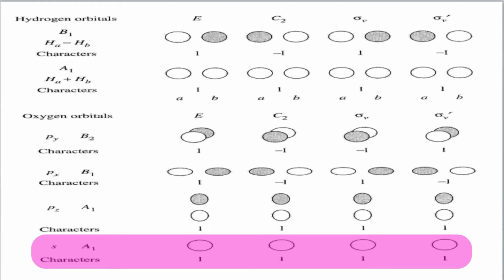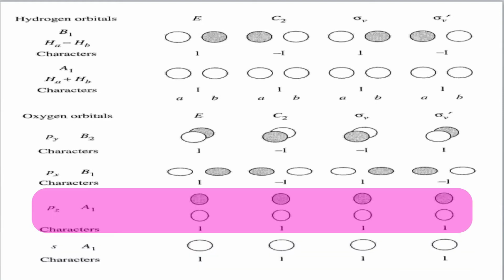If I come across the pz orbital and perform the various operations, then as is the case for the s orbital, everywhere we will find it is symmetric. So it will be the second case of the A1 irreducible representation. So we have found now a second player in the team of oxygen which has A1 symmetry.